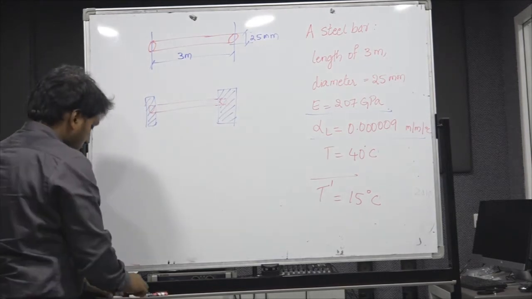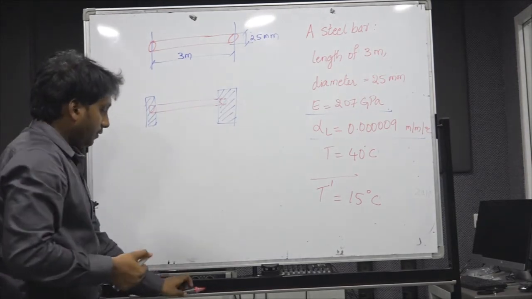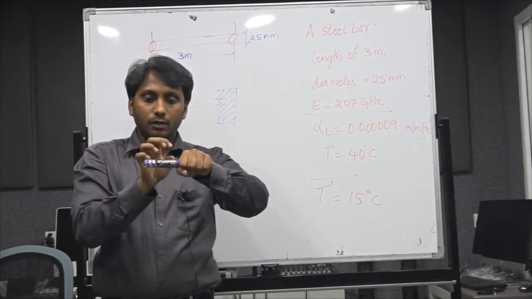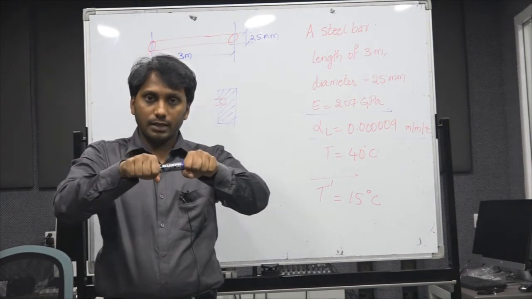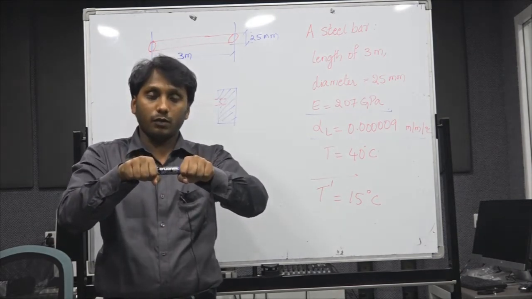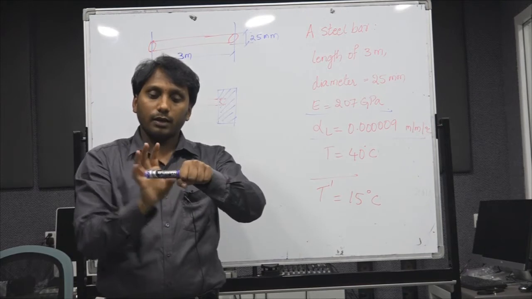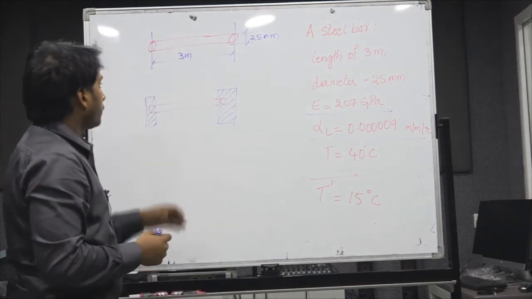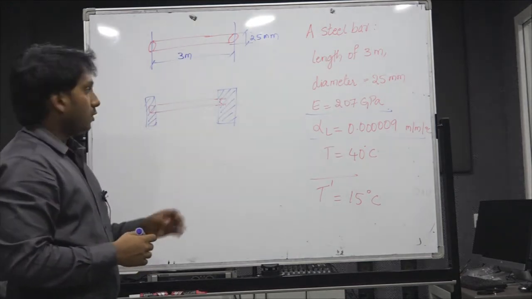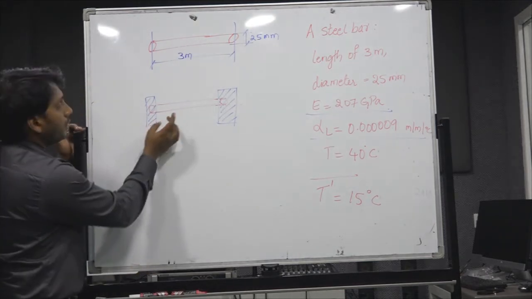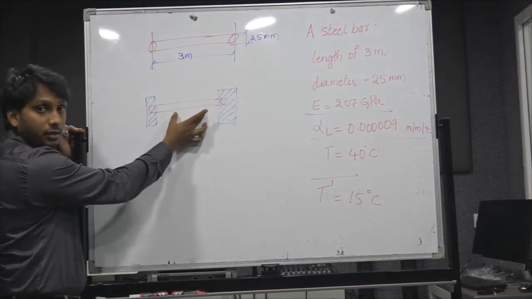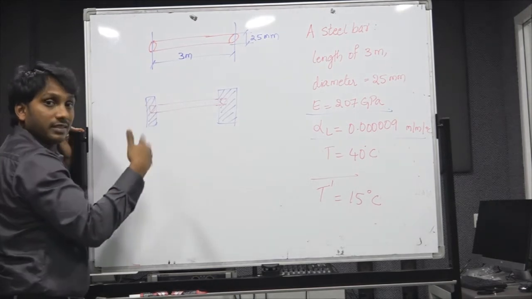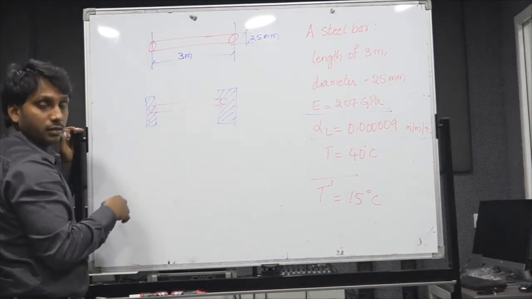Due to this, the bar is fixed like this. When the bar is fixed like this, it tries to move, but the fixed ends do not allow it to move. If it wants to contract, the fixed ends cannot allow it to contract. So here is the problem: the material tries to elongate or contract, but the fixed supports resist, with force acting in the opposite direction.